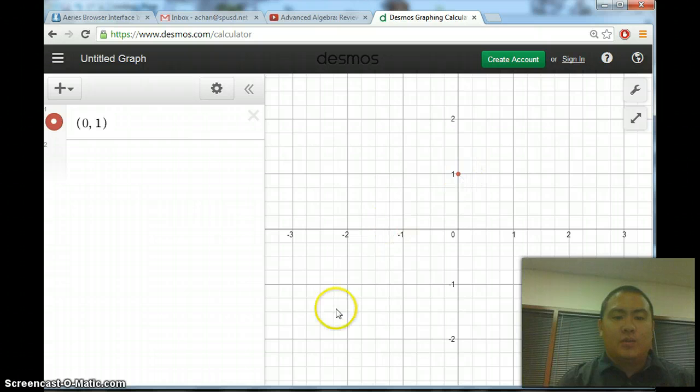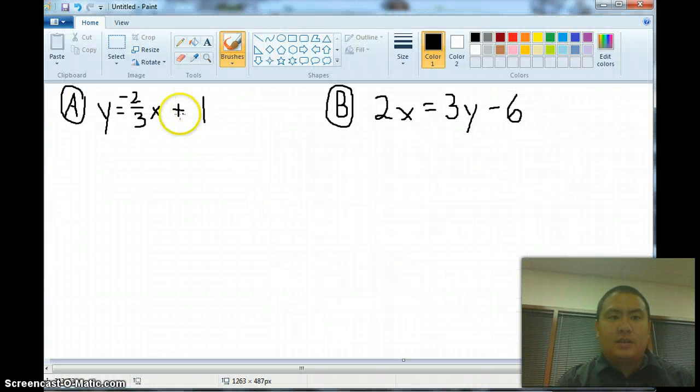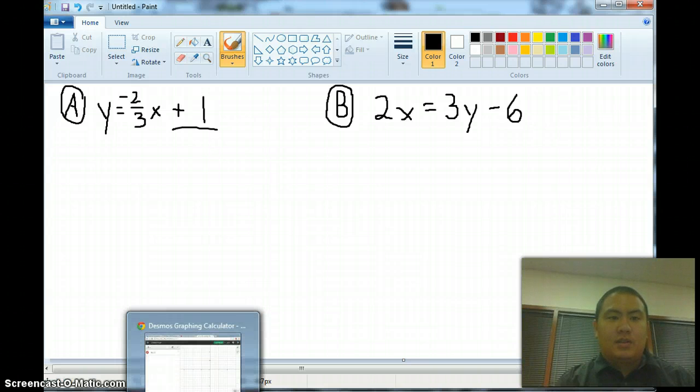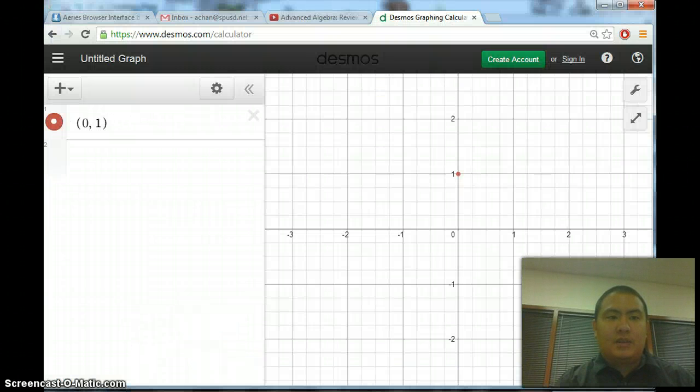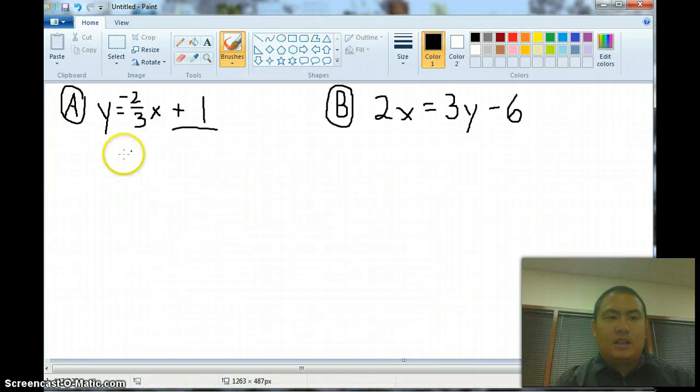We know that it's a 1 because we see that it's right here. That's the first thing we look at. The second thing we look at is the slope. We have negative 2 over 3, and to do that we just need to look at this guy, and I'll draw him out. It's like this.